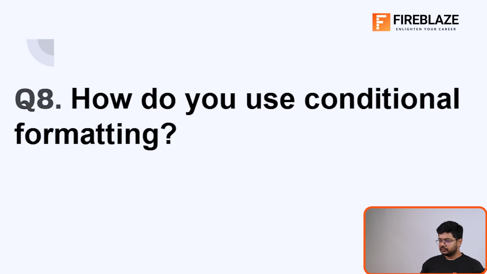Moving on to the next question: how do you use conditional formatting? Okay. So conditional formatting, as the name suggests, is used for formatting the data in a certain way based on some kind of conditions.